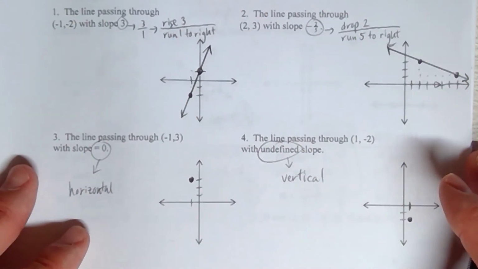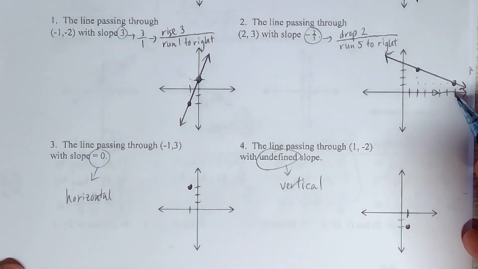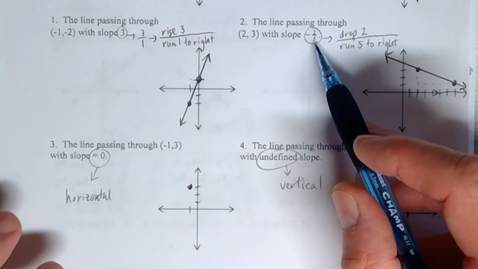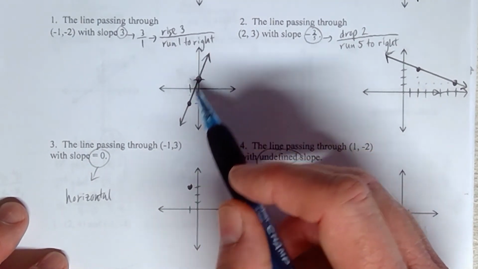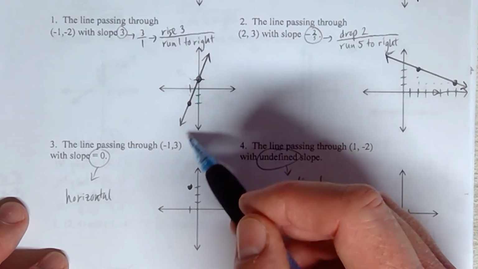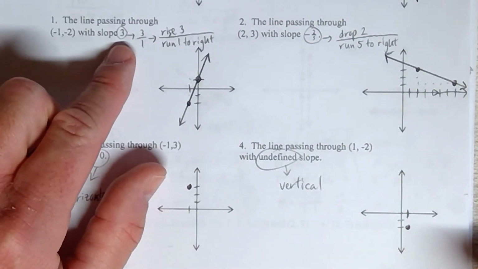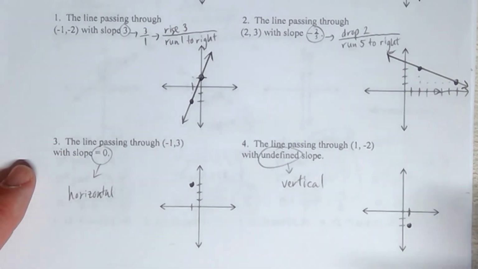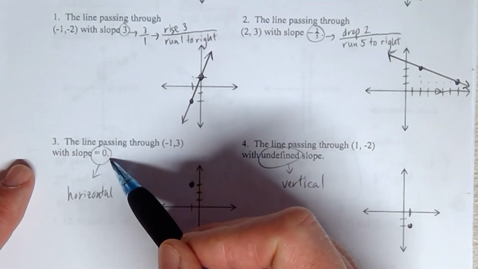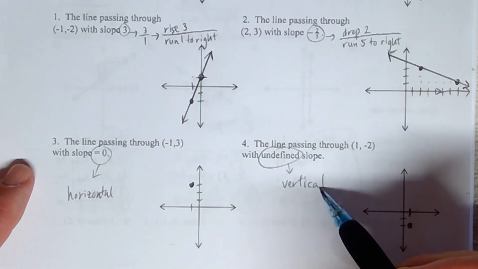It's not a surprise that that graph goes down as we move from left to right. All negative slopes are like that. Okay, it's not a surprise that this one goes up as you move from the left of the graph to the right of the graph. It's because the slope, when it's positive, will always have a graph like that. Okay, it is also 100% true all the time that a zero slope is horizontal and an undefined slope is vertical.